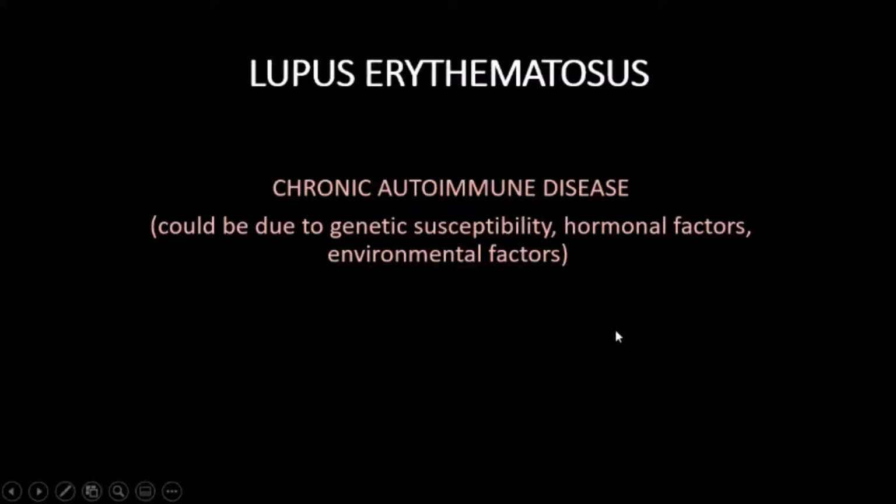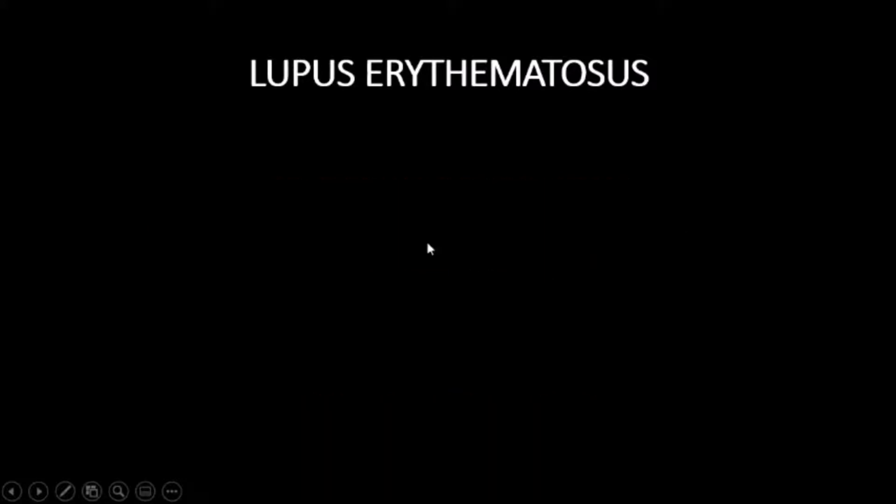Now, lupus in a person's body persists in two forms. These forms could be either the discoid one or the systemic one. The discoid one, also called cutaneous, is localized, and the systemic one is more disseminated and spread throughout the body.